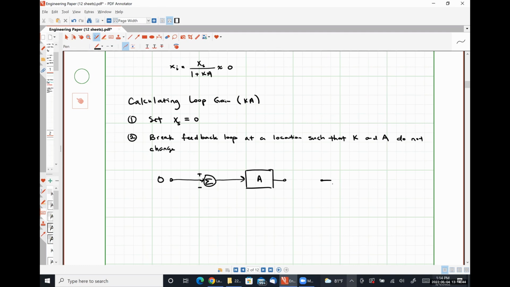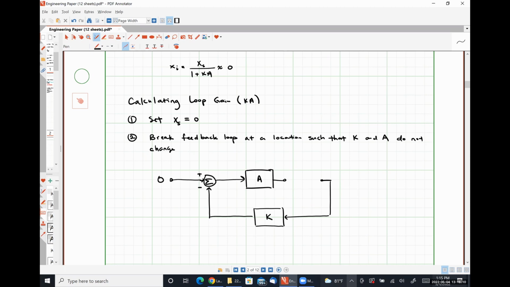So there's our break in our feedback loop. And then down here is our feedback network K. Like so.